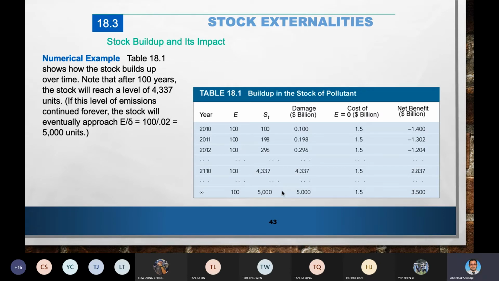But again, also in the table, if you can see, we have how much the damage is for each year, how much the cost is for each year, and what the net benefit is for each year. So we suppose that the stock of pollutant creates economic damage.